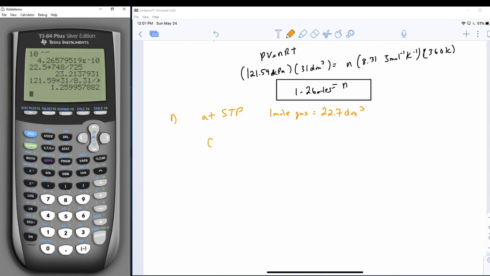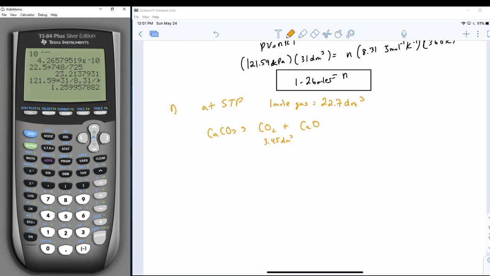So in this problem, it says calcium carbonate decomposes into CO2 plus calcium oxide. How many grams of calcium carbonate will I need to form 3.45 decimeters cubed of CO2? Well, 3.45 decimeters cubed of CO2 we convert into moles, knowing that 22.7 decimeters cubed of CO2 is 1 mole.